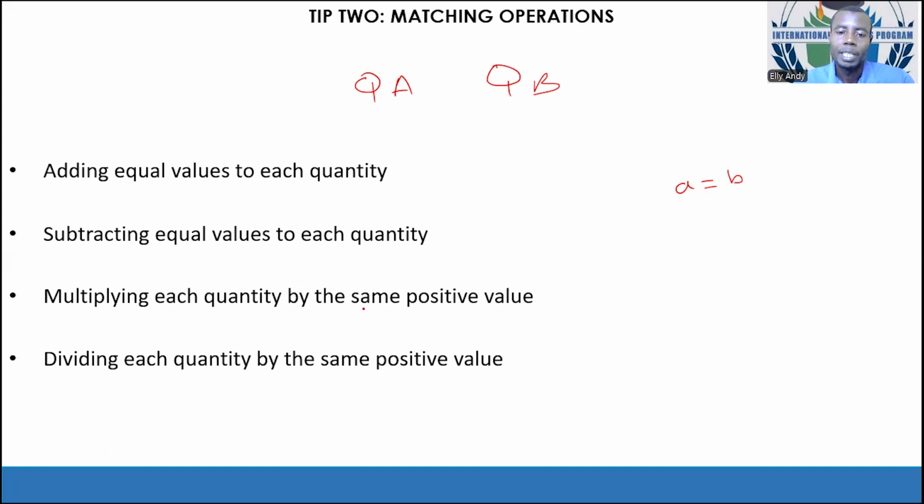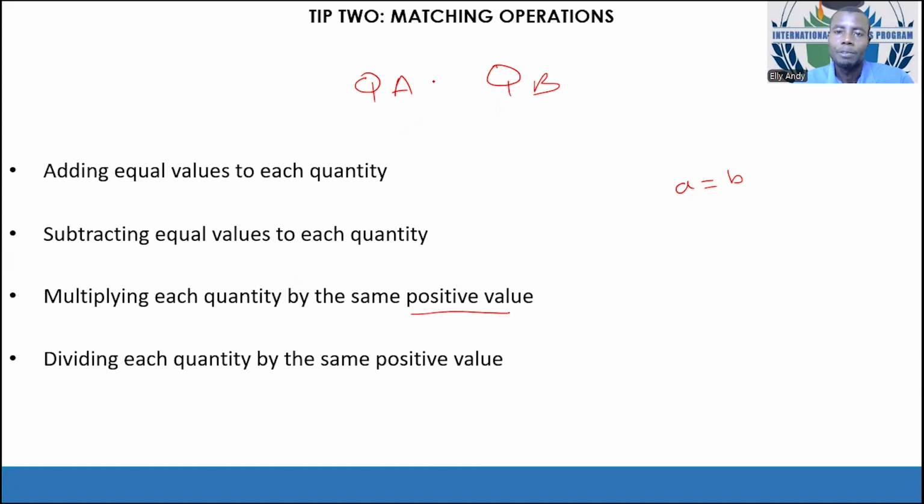But when it comes to multiplication, only do the operation if you are dealing with a positive value. That is, if you are multiplying by a positive value, you can do that. So you can multiply quantity A by a positive value and also quantity B by the same positive value. Don't do the multiplication with a negative value, because that will change the fundamental relationship between quantity A and quantity B. We want to look into how we can prove that, but just know that for multiplication, only deal with positive values.